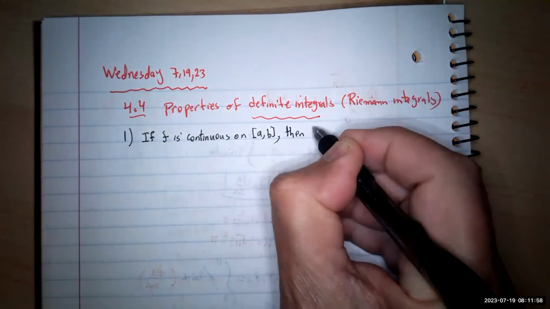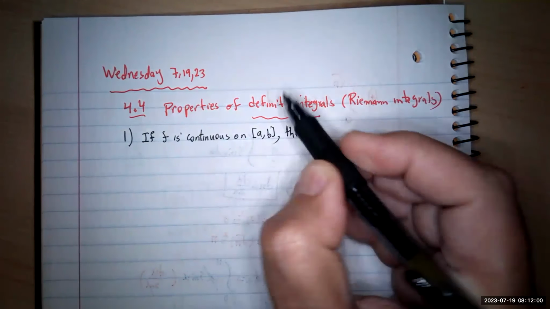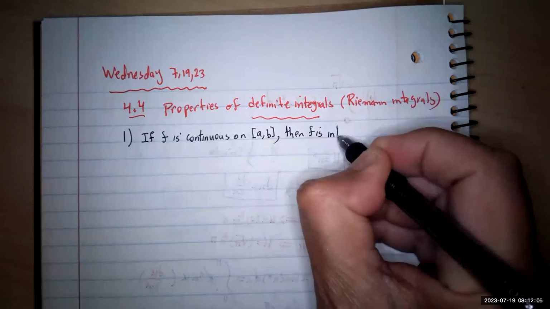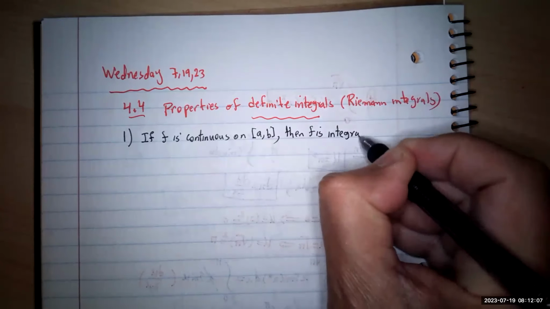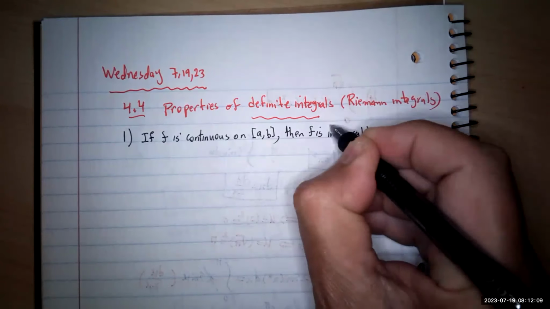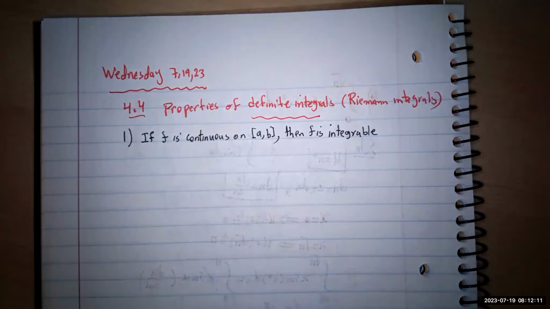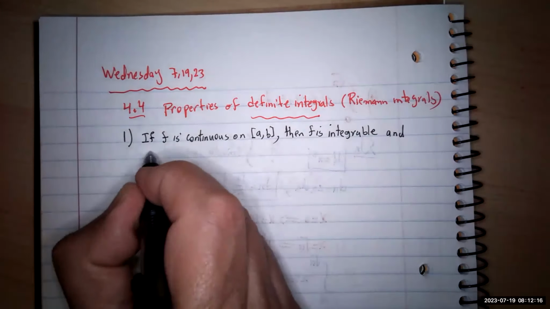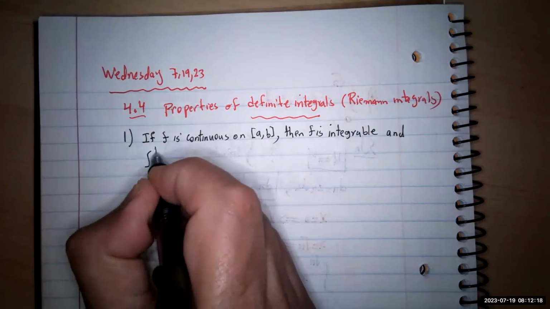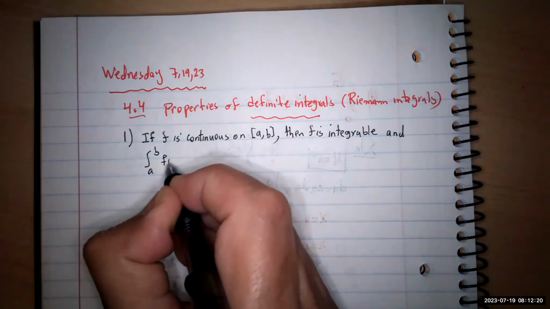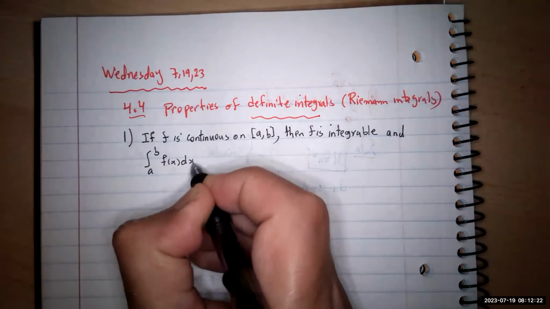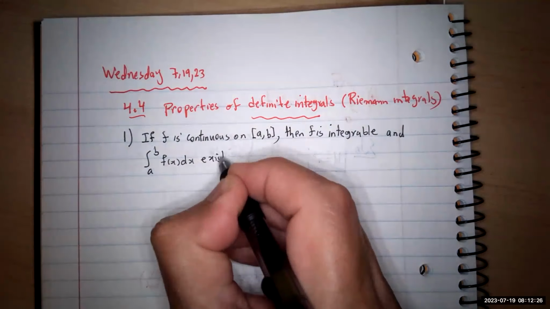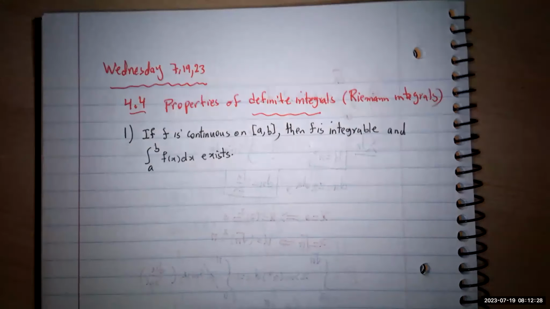Then we say that f is, as we talked about the other day, integrable. Integrable means you are going to be able to find the integral. And of course, this means the integral from a to b of f of x dx always exists. So we are not going to be worried about it.